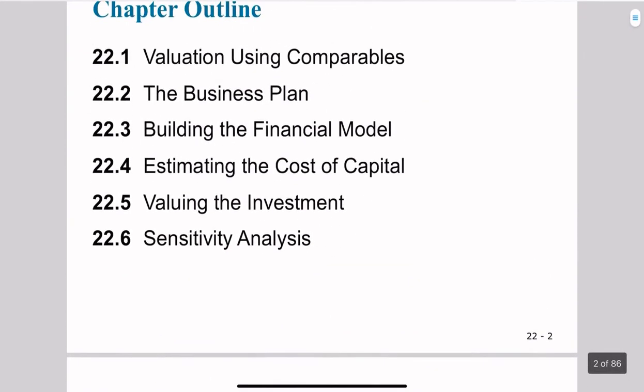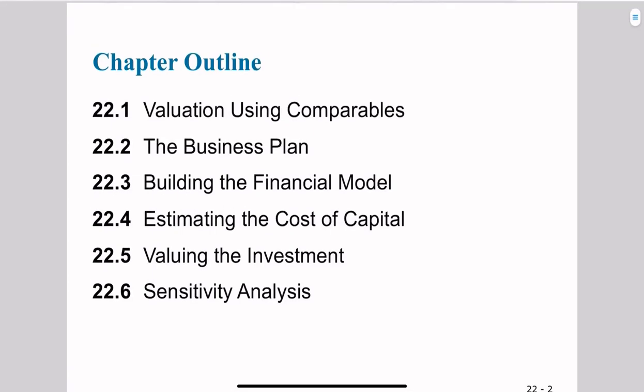We can basically divide this chapter into two parts. I can call this part 1, and this part 2.